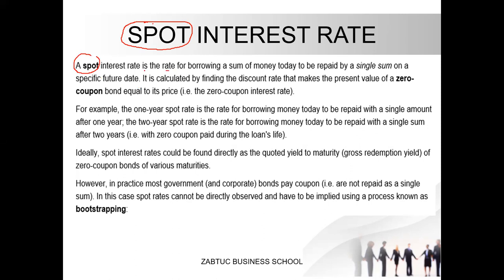The spot interest rate is the rate for borrowing a sum of money today to be repaid in a single sum on a specific future date. It is calculated by finding the discount rate that makes the present value of a zero coupon bond equal to its price.